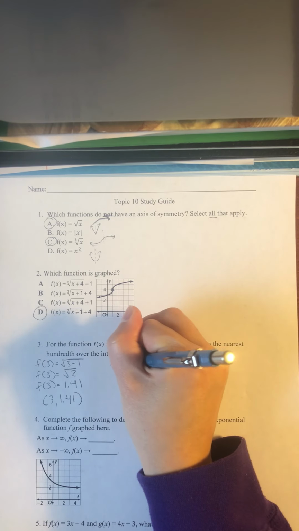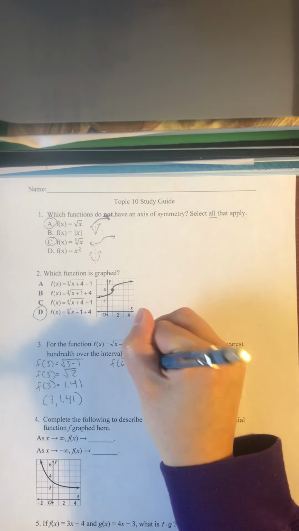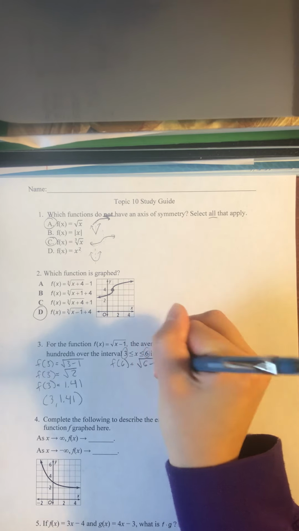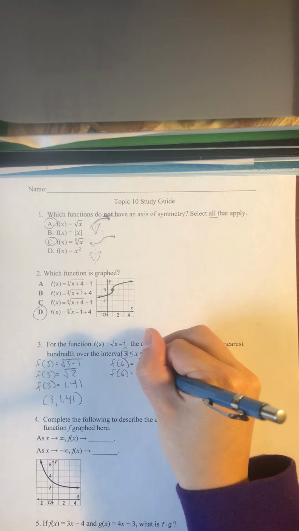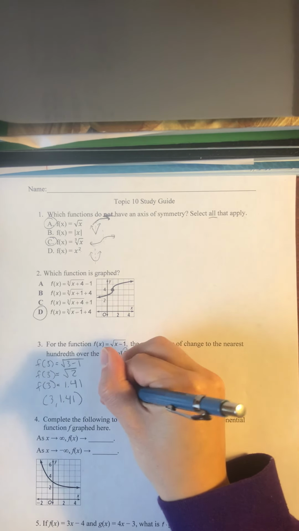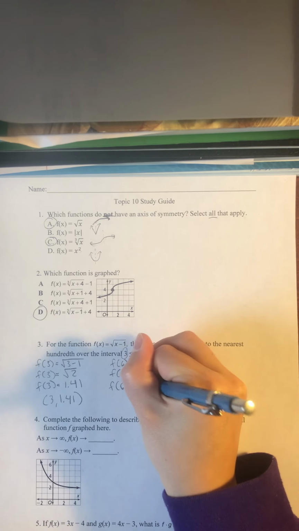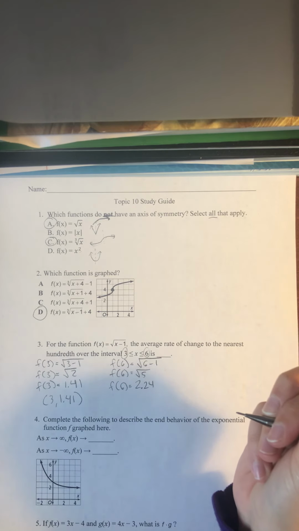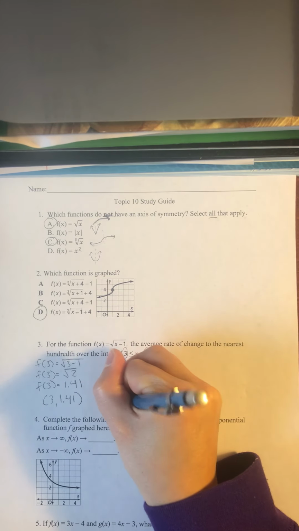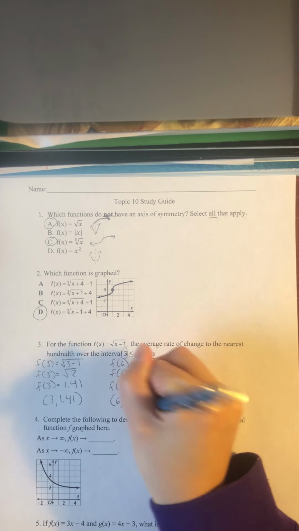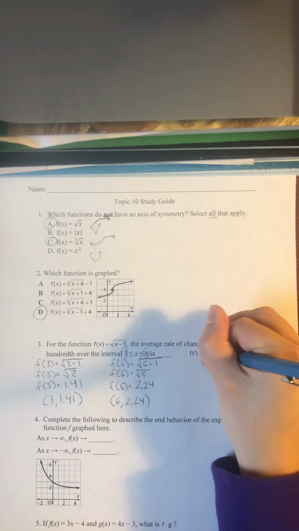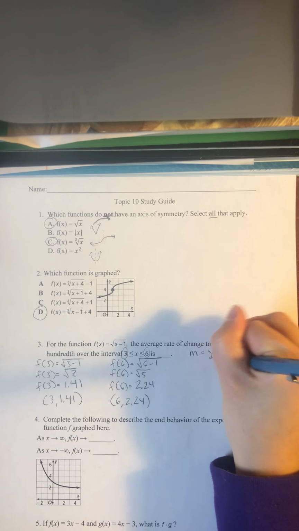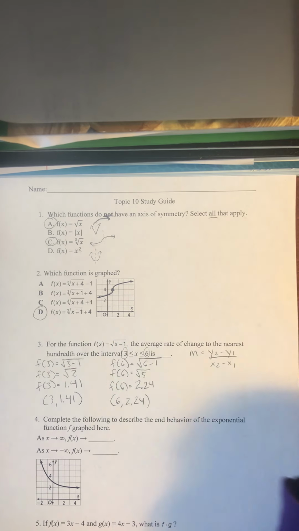Next, f of 6 equals the square root of 6 minus 1. So f of 6 equals the square root of 5, which is about 2.24. And that is the point (6, 2.24). Now we've got to find the slope. Remember, slope is m equals y2 minus y1 over x2 minus x1.